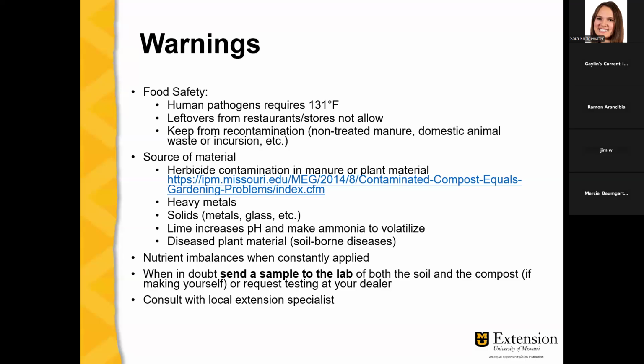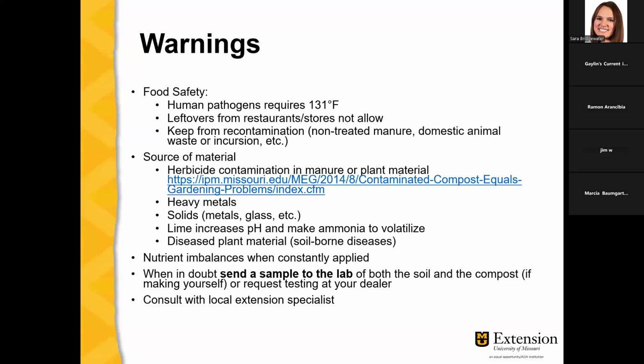So it's important to keep the pile separated away from animals, or covered and protected from animals. Even from birds: if birds poop and the poop falls on top of the pile, it is recontaminating that pile.